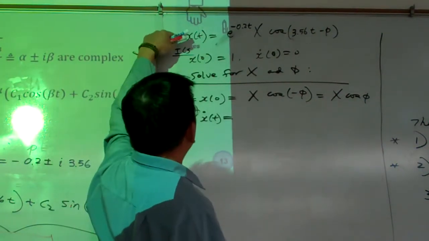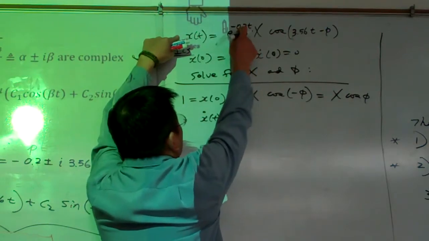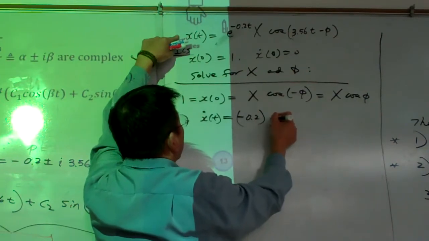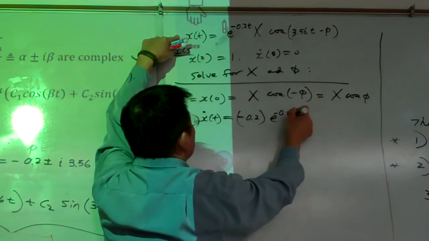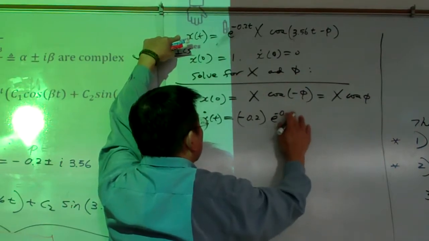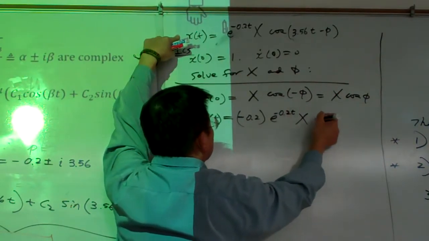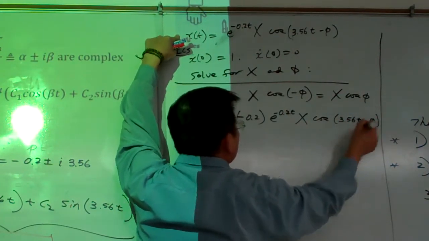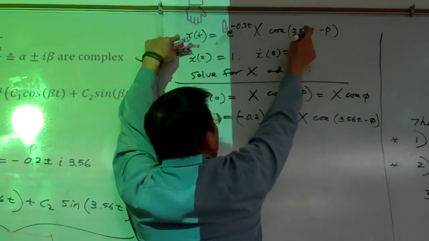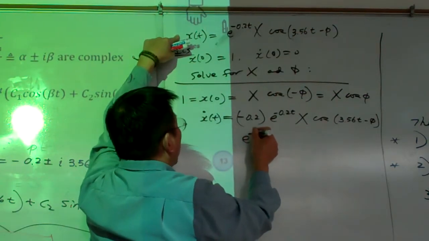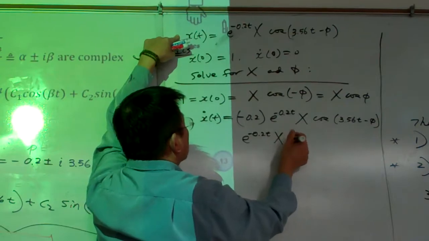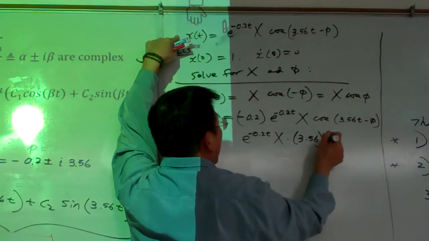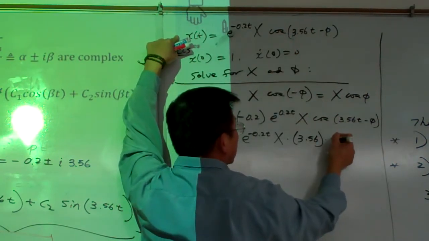So for the derivative based upon this one, I will take the derivative of this exponent first, so minus 0.2, and multiply by e to the minus 0.2t times X and cosine of 3.56t minus phi. And then I apply the chain rule to the second one, so e to the minus 0.2t times X multiplied then by 3.56, and then the derivative of cosine is minus sine.